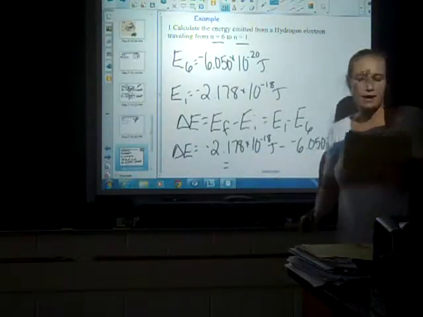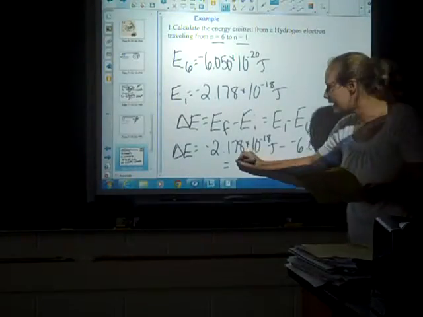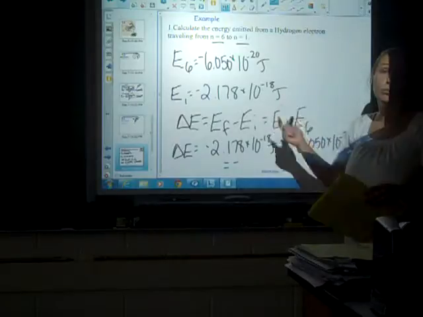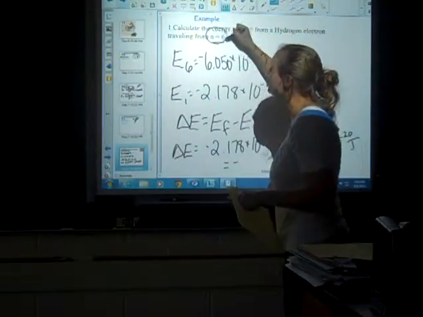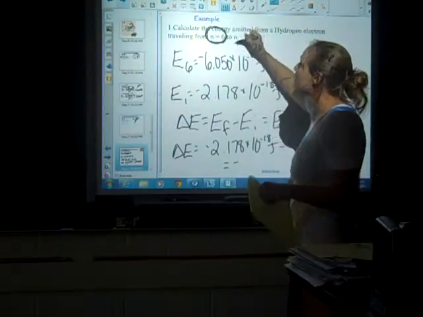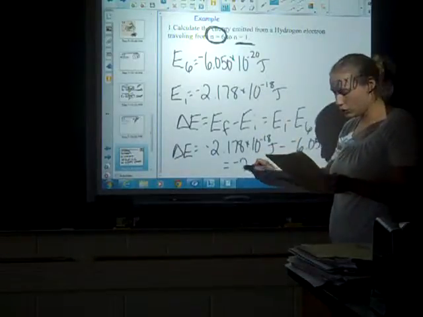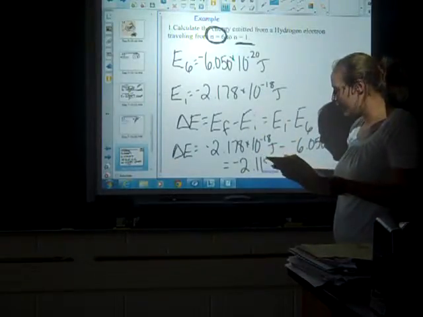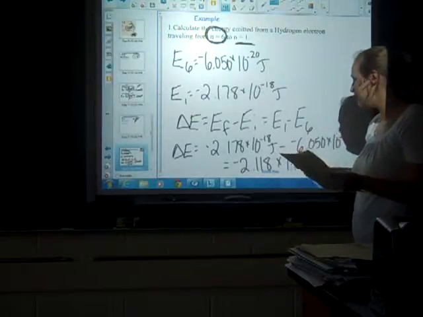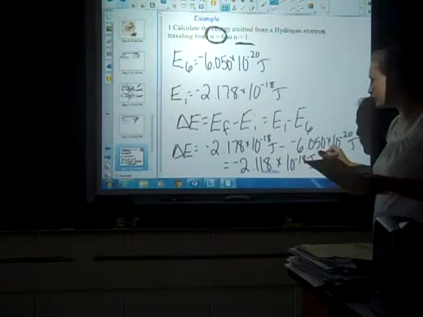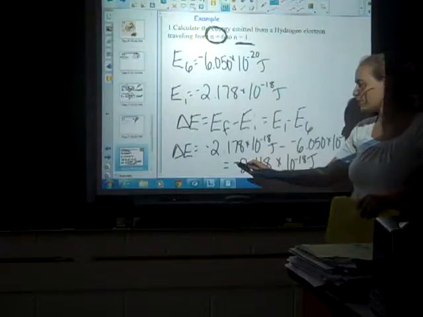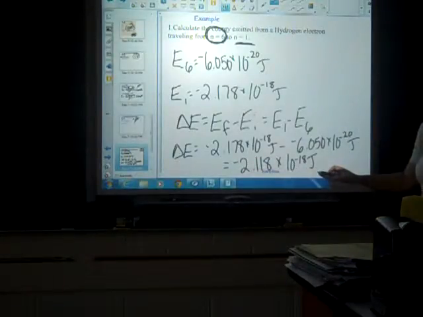Again, I just plug that into my calculator, and when I do, I get a negative. This tells us energy is released. That makes sense. It's going from excited, something further from the nucleus, to ground, something closer to the nucleus. And it's negative 2.118 times 10 to the negative 18 joules. Okay? Negative tells me I'm losing energy, and this is how much energy I'm losing.